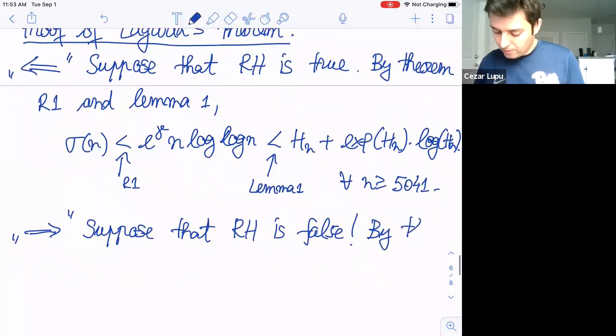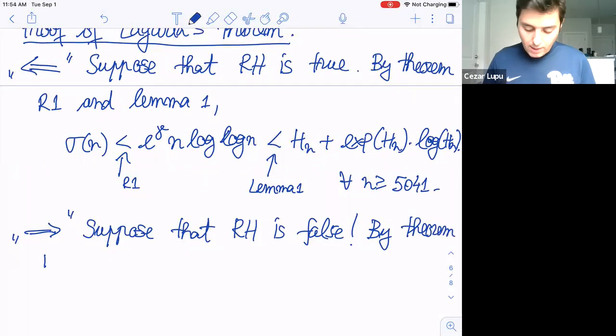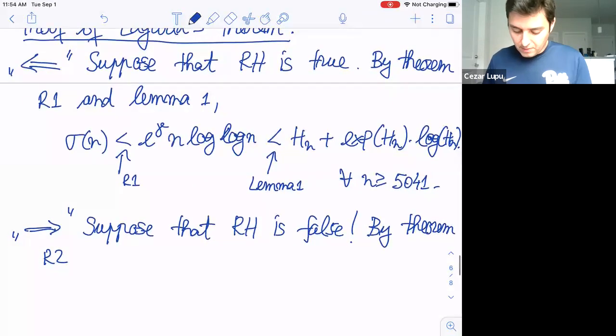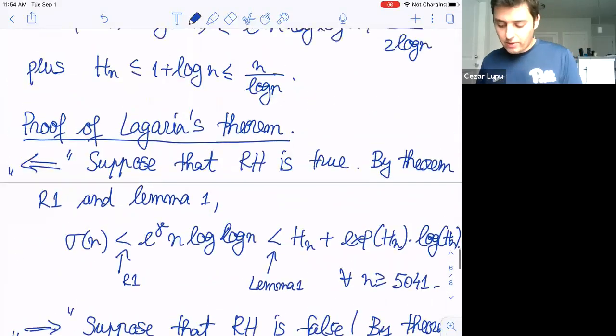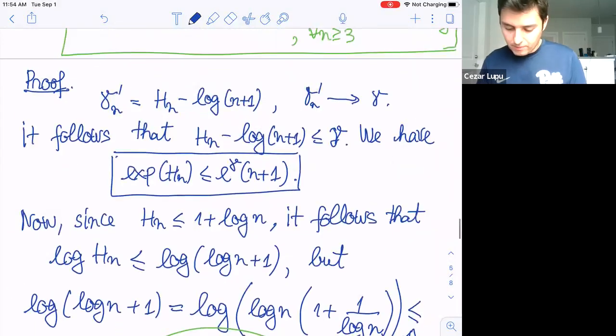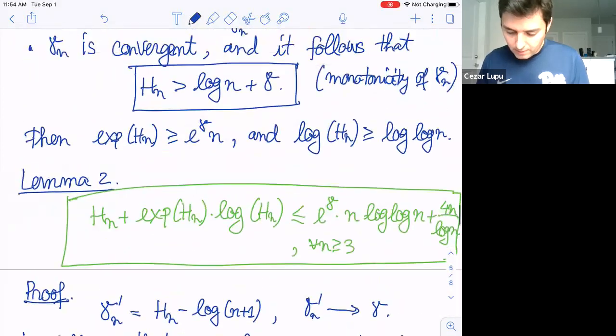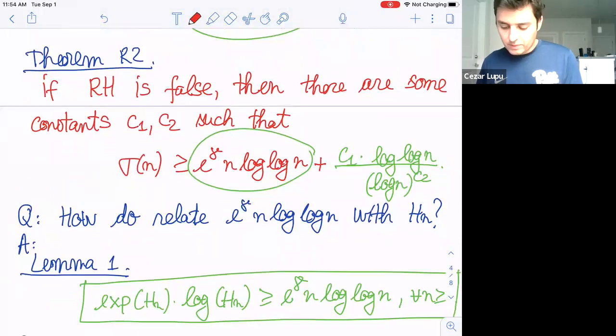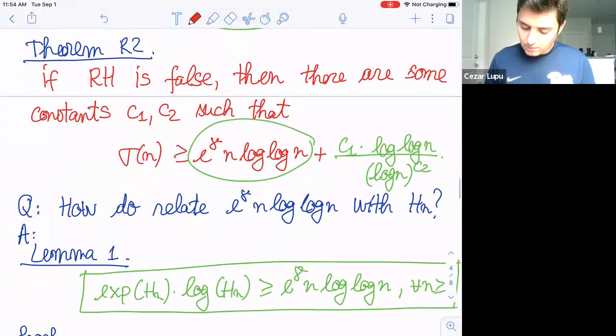By theorem R2, if the Riemann hypothesis is false, then we have that estimate. And by the way, I forgot to say something very important here: such that for infinitely many n.